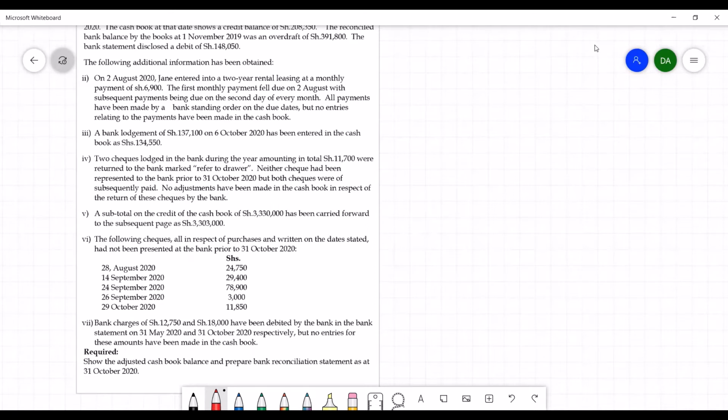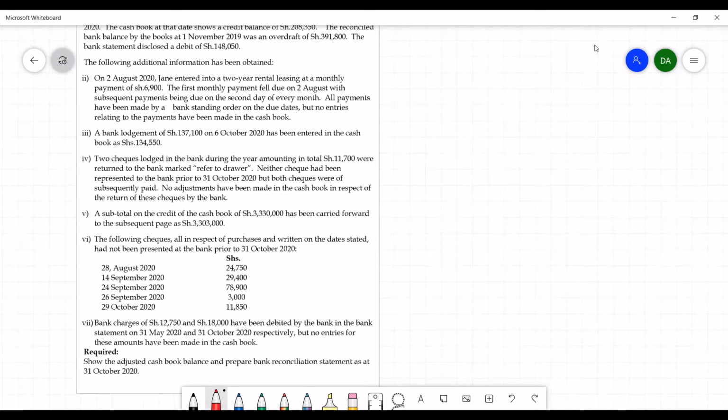Neither check had been re-presented to the bank prior to 31st October 2020, but both checks were subsequently paid. No adjustments have been made in the books in respect of the return of these checks by the bank.